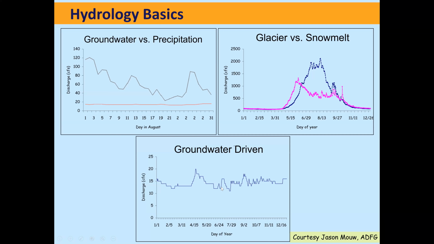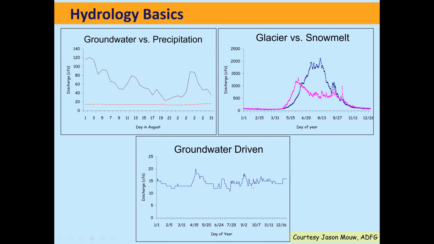And contrast that wintertime base flow and summer variation with the hydrograph on the bottom, where it's a groundwater driven system. And this x-axis is showing the entire year from January to December. And you're just seeing not very much variability. It's just bouncing between 12 CFS and 20 throughout the whole year.